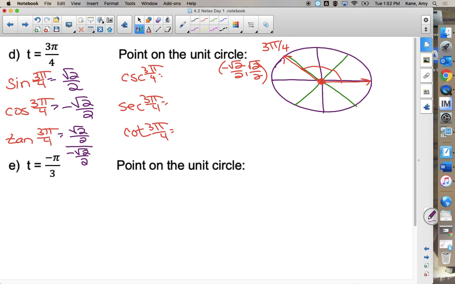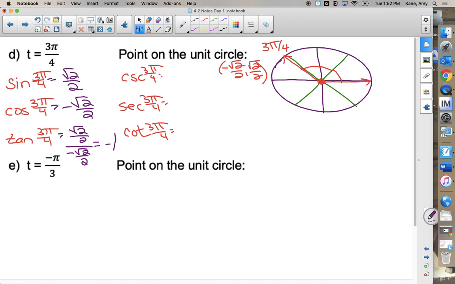And I know if I take the same number divided by the same number, they cancel. So if I had a 5 divided by negative 5, I get negative 1. And I have the square root of 2 over 2 divided by negative square root of 2 over 2. I still get negative 1. So the same thing divided by the same thing, no matter how big or small the number, it still cancels.